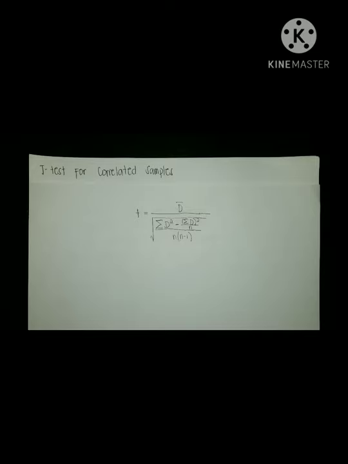Summation of d squared is the sum of the squares of the differences between the pre-test and the post-test. Summation of d is the summation of the differences between the pre-test and the post-test. And n is the sample size.